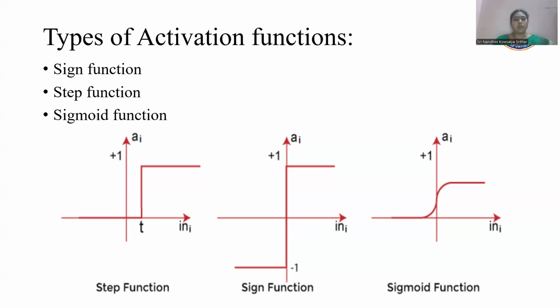Then in the sigmoid function, the values of the function are from 0 to 1, but here we have a wave signature. That is, in the step function we have a stepwise assumption. Then in the sigmoid function we have curved lines representing the output value of the function.